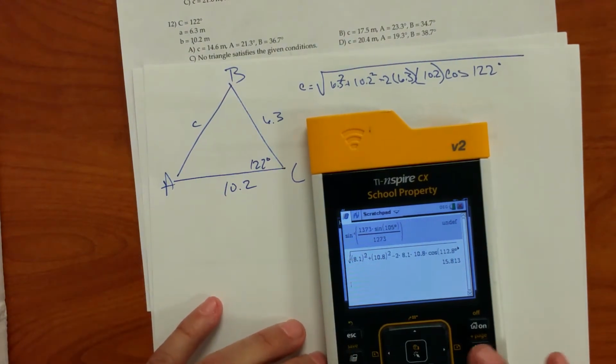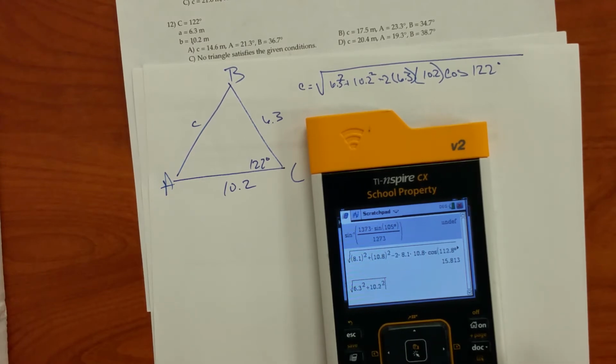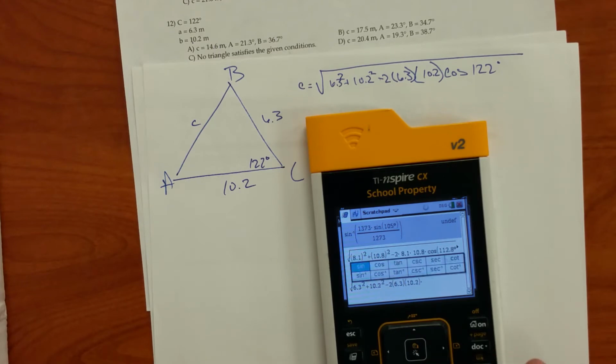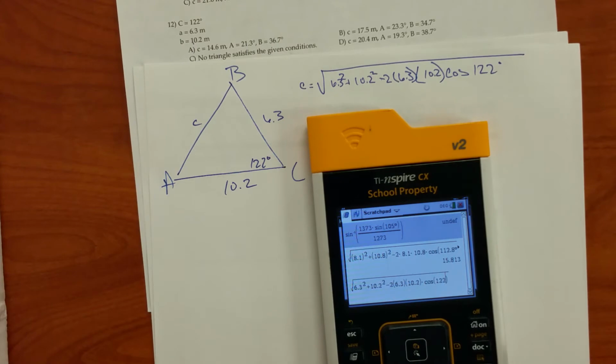So let's see, 6.3 squared plus 10.2 squared minus 2 times 6.3 times 10.2 times cosine of 122 degrees.